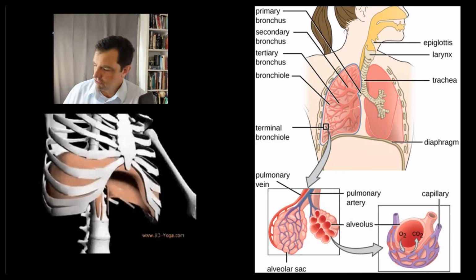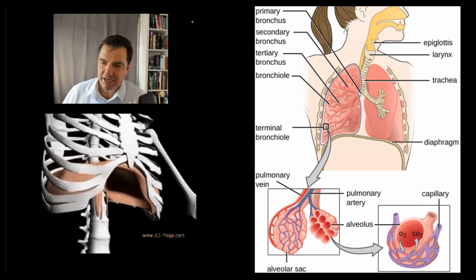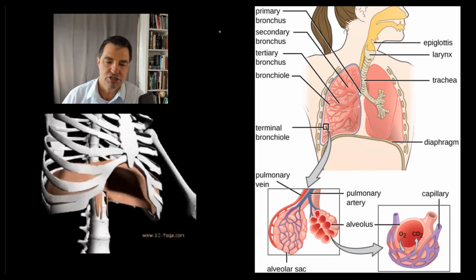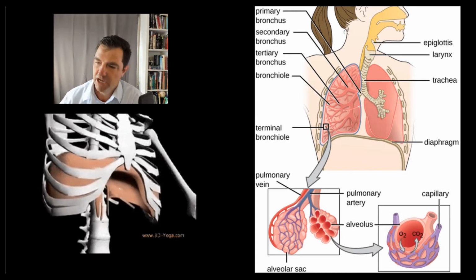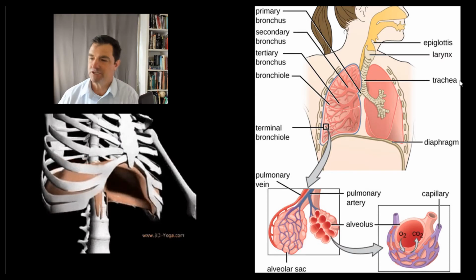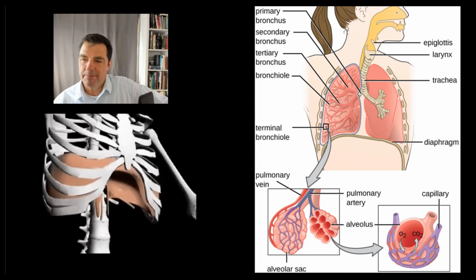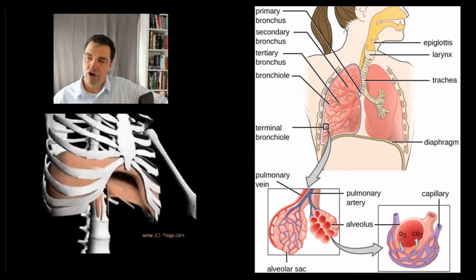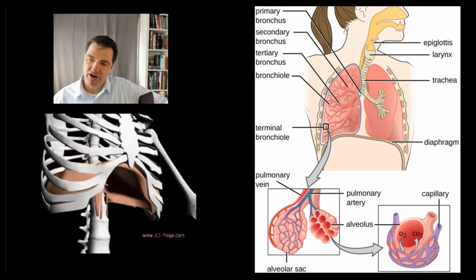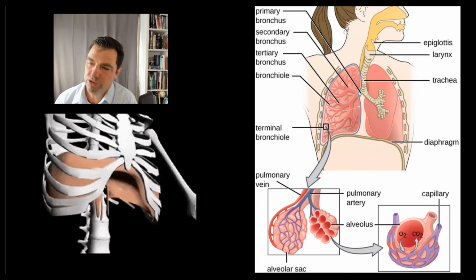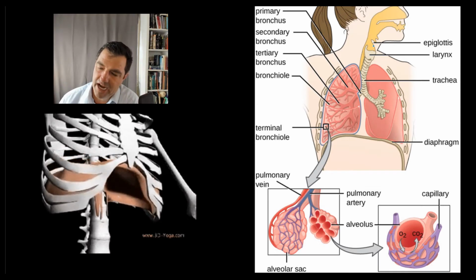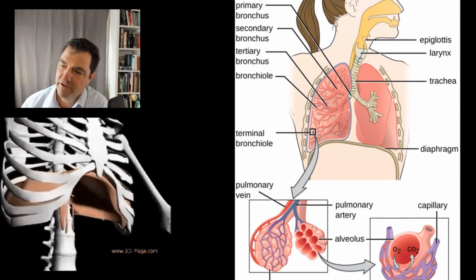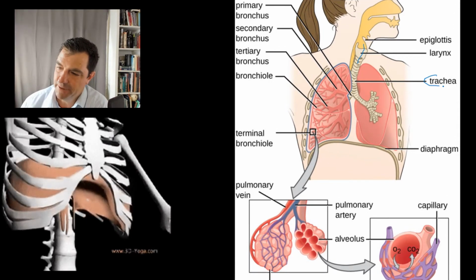Let me walk you through what's happening here, so you have an idea of what we're going to talk about today. We'll start with the respiratory system. Through your nose or your mouth or both, you can draw in air, and it goes through a very large tube called the trachea.